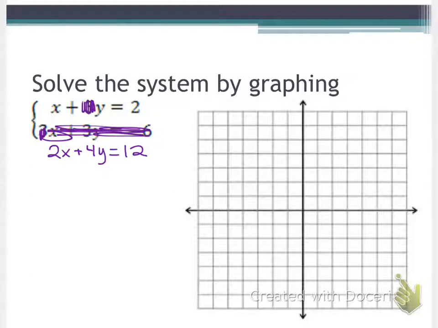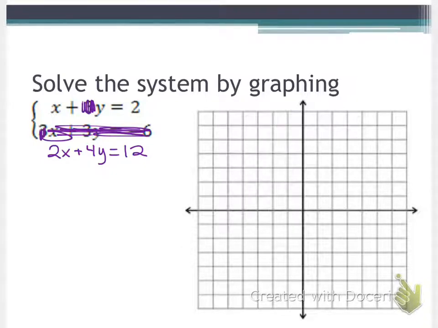So we know we have to graph something. And the easiest way that I can graph this equation is by finding the slope-intercept form of the line. I'm going to do it one at a time, and then we will graph the lines and see what happens. To get slope-intercept form, we need y equals something, normally y equals mx plus b. That's our slope-intercept form.